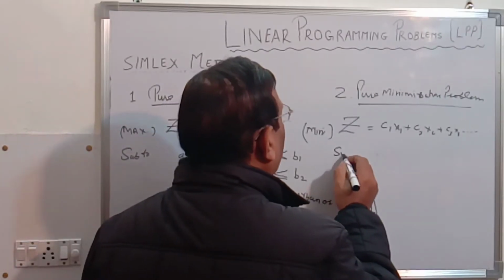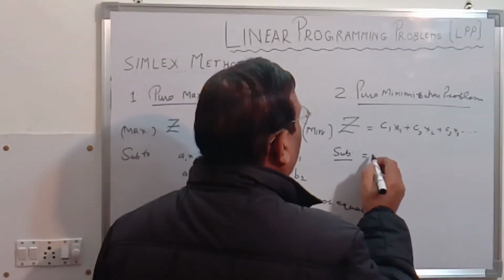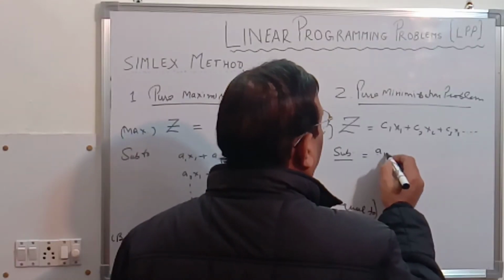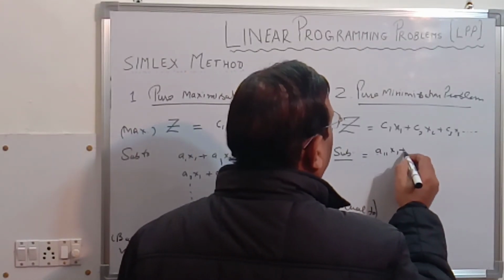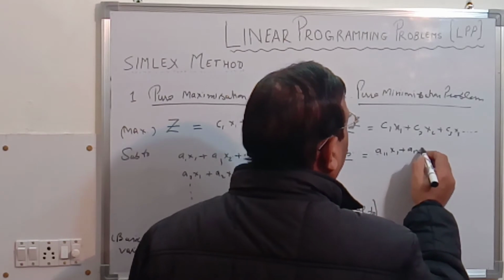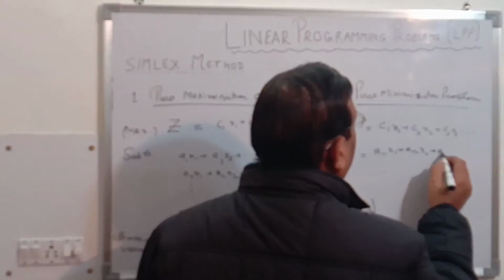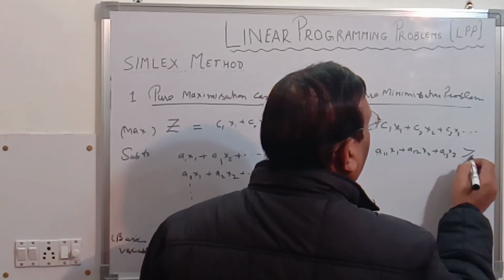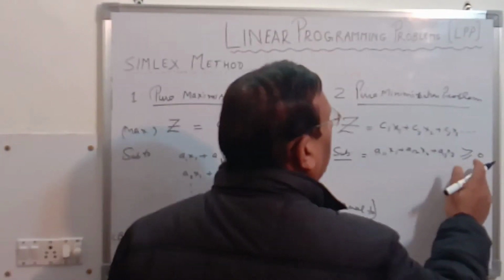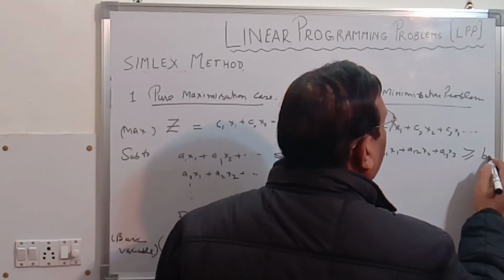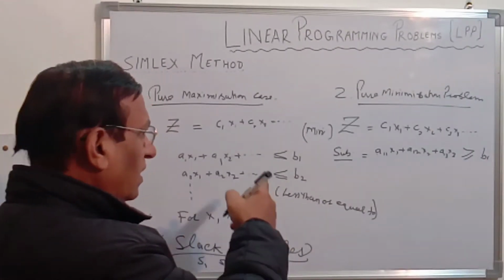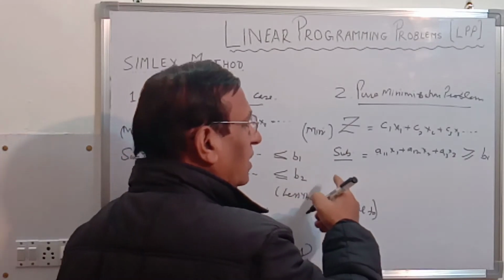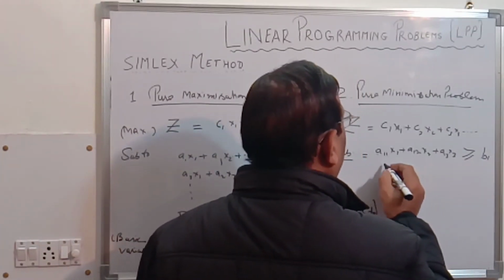Subject to your equations, say a11 x1 plus a12 x2 plus a13 x3 greater than or equal to b1, where b1 is the solution, and x are the decision variables.